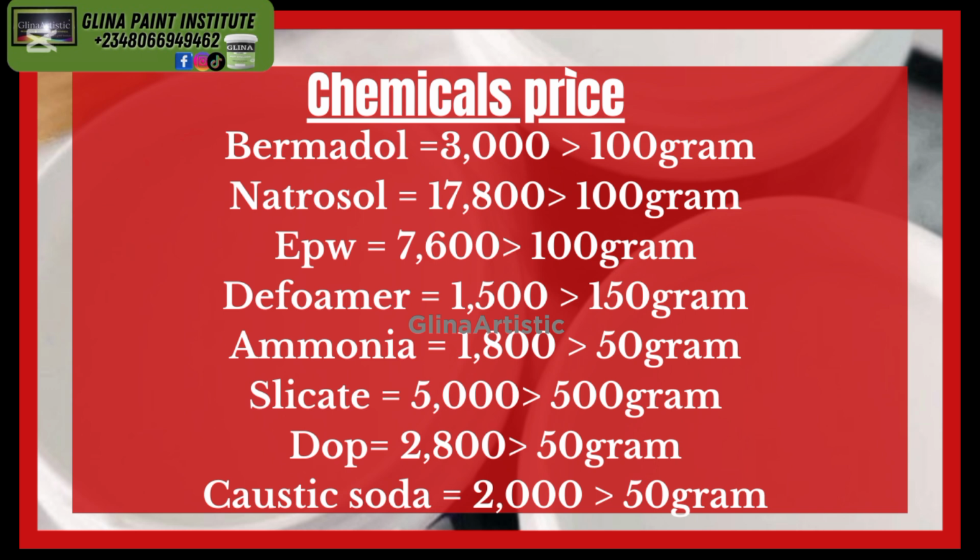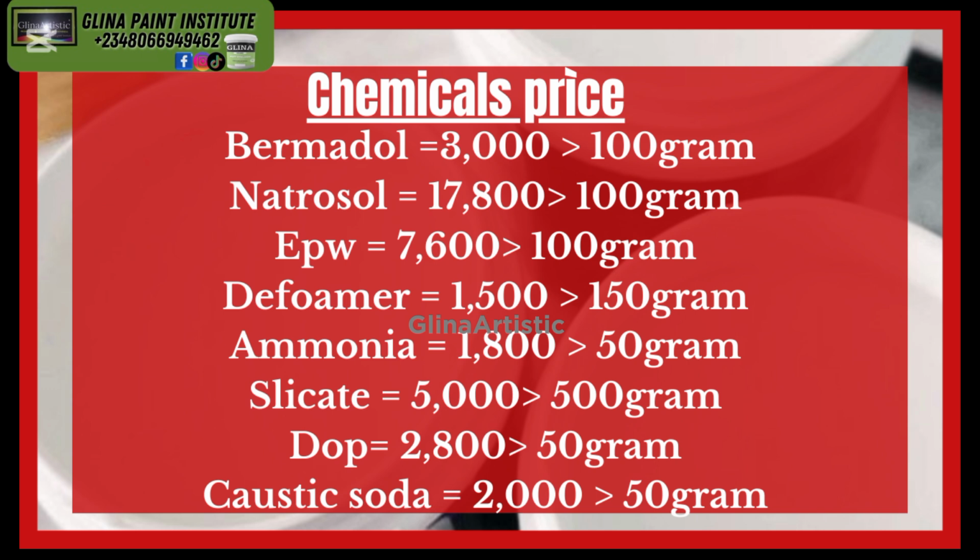There are some chemicals that they won't sell to you in half kg, quarter kg, 50 gram, or 200 gram. This is what most new paint manufacturers are not aware of. Don't get yourself confused, you are off to a good start. These chemicals are bought either in 1 kg or half kg.